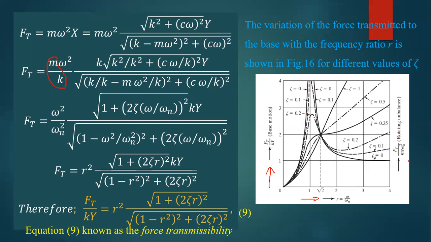We can find the same in the next lecture, maybe we can see the rotating unbalance. That means in rotating machinery, if there is a small eccentric force located at some eccentric distance e from the center of rotation, it produces the same transmissibility to the structure. So that is what we have.